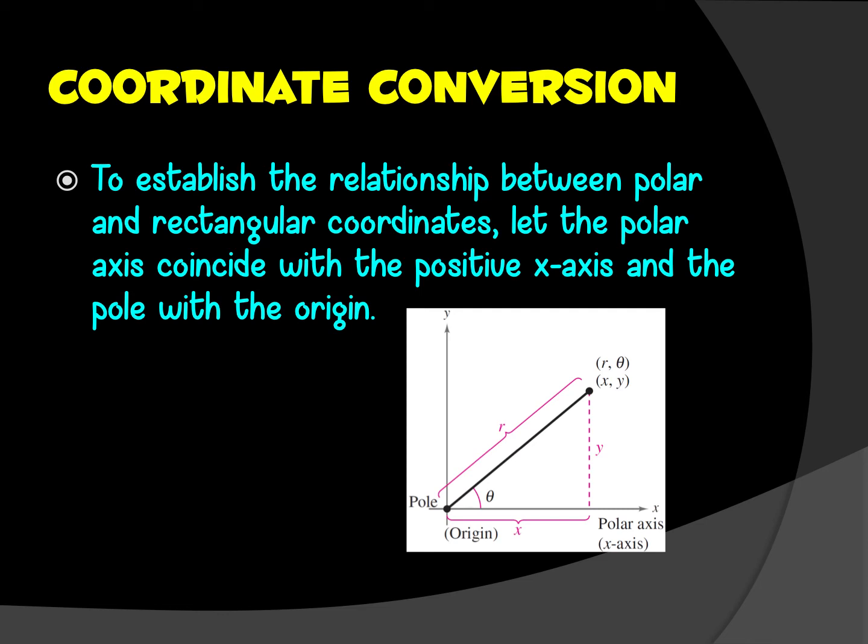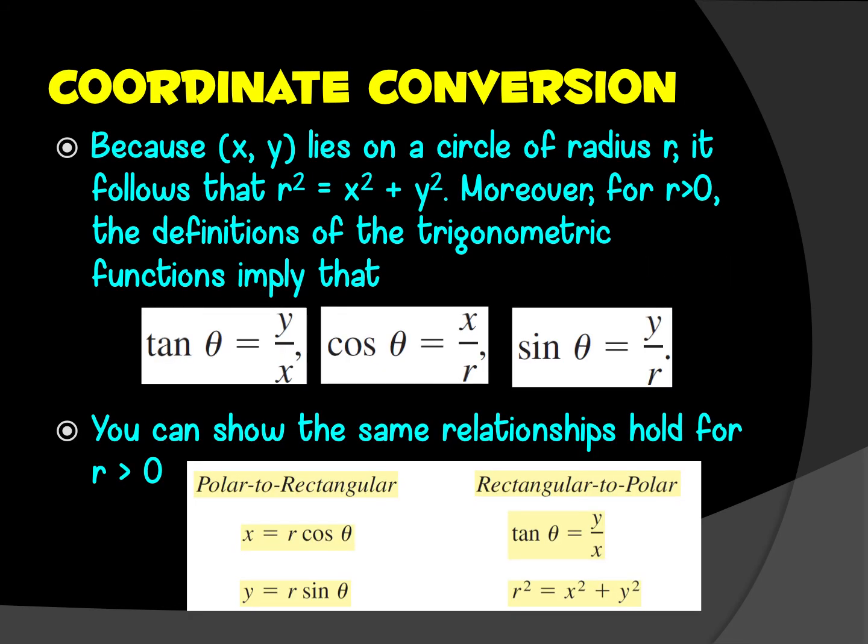So again, remember, the x-axis is polar, the y-axis is still the y-axis, and we now call the origin the pole. So to convert, because x and y lie on the circle with a radius of r, I could figure it out by using my circle equation, x squared plus y squared equals r squared.